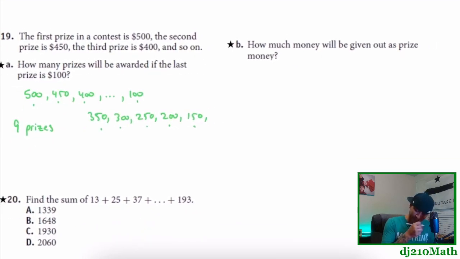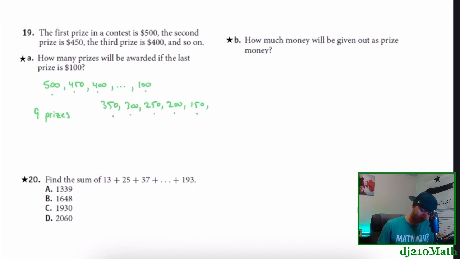How much money will be given out? Okay, so we want the sum S sub 9. So n is equal to 9, basically, right? Because there's 9 prizes. There's 9 slots. So 9 halves. So, you know, the common difference is negative 50.